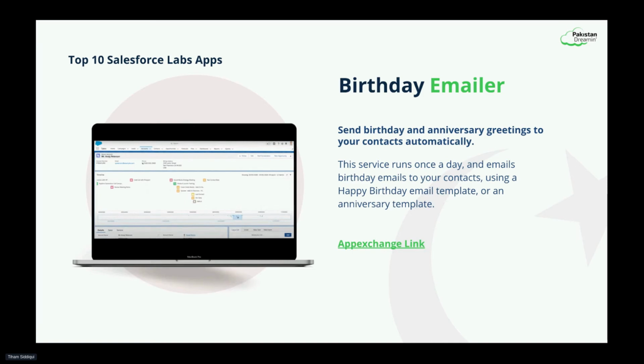I find this useful because it's so easy. You just need to install this app and configure it, and it will send the birthday emails to your contacts, or anniversary emails. The app has pre-configured email templates, alerts, and all the automations and the code if required.